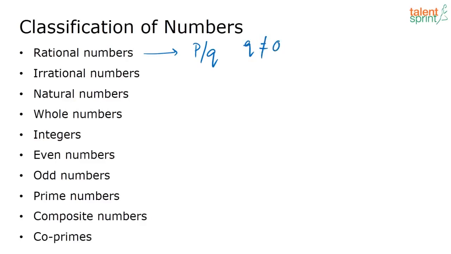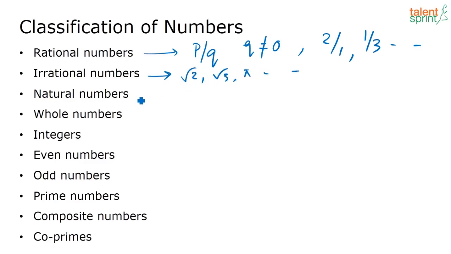For example, 2 by 1 or 1 by 3, all these are rational numbers. Now, what are irrational numbers? Numbers which you cannot represent in this form p by q, where q is not equal to 0, are called irrational numbers. Examples of irrational numbers are root 2, root 3, pi.